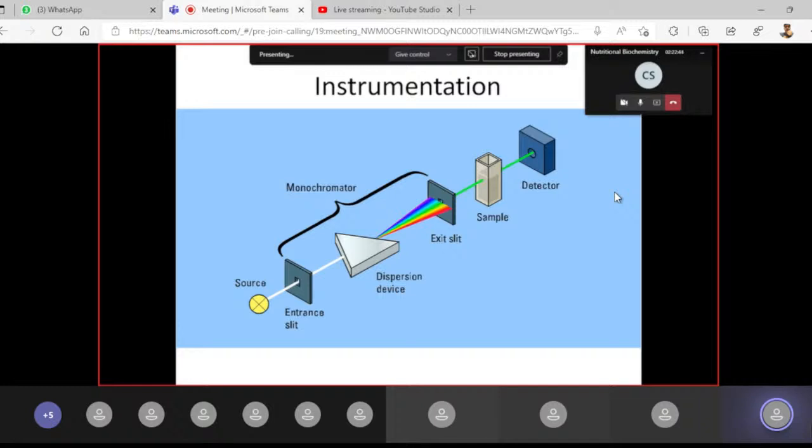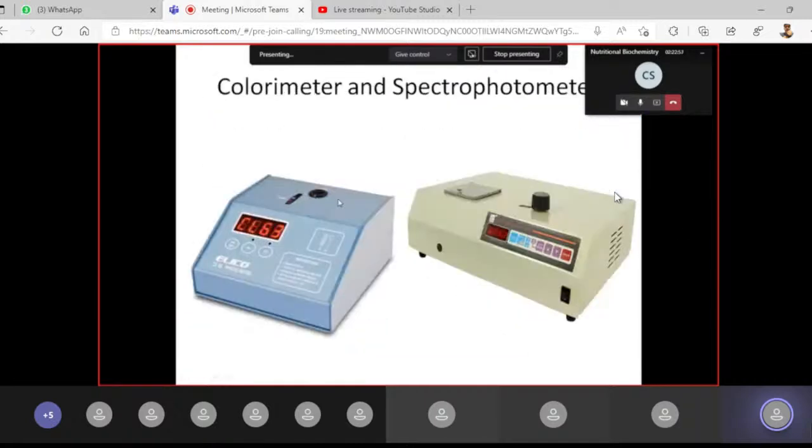You haven't added your protein at all. So no color there, or whatever the color of the reagents is, it will be the color of the blank. In the instrument, first you will place the cuvette with the blank in this place, and then you set a particular wavelength.